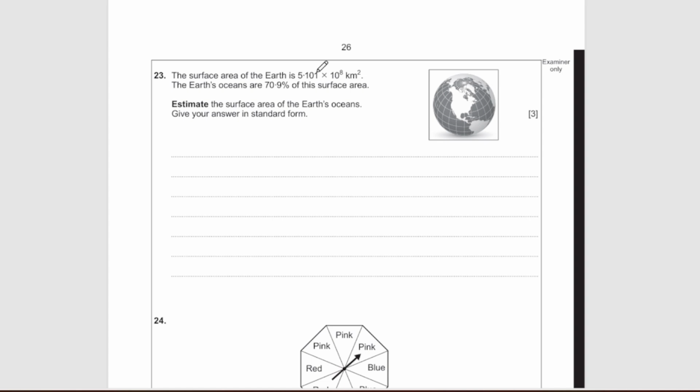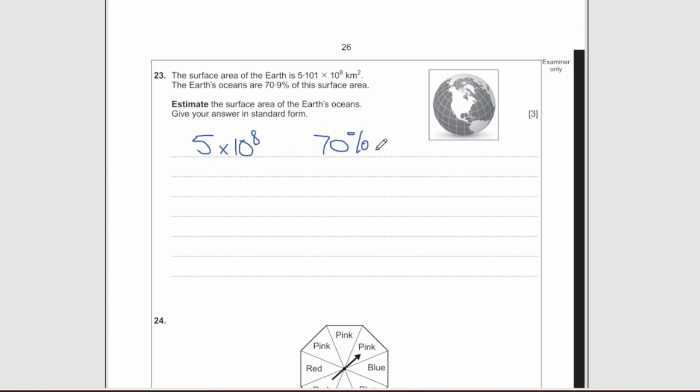So 5.01, if we round that to the nearest whole number, we get 5. So 5 times 10 to the power of 8. 70.9% we can round either to the nearest whole number or to the nearest 10. I think the easiest way to do this is round to the nearest 10, so round it to 70%.